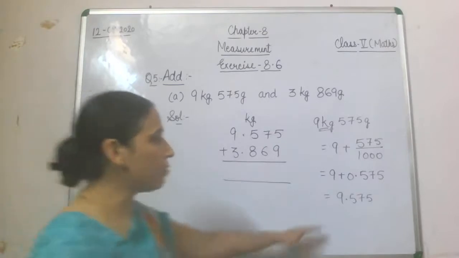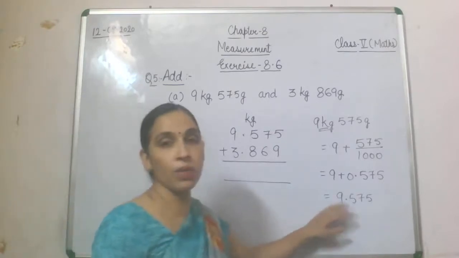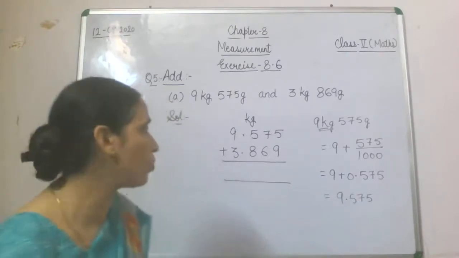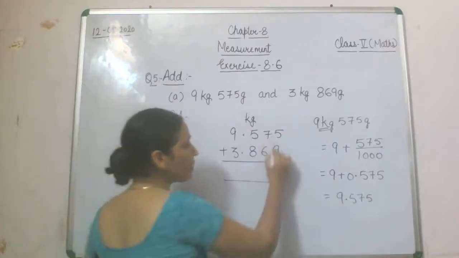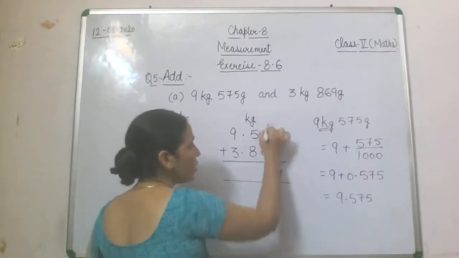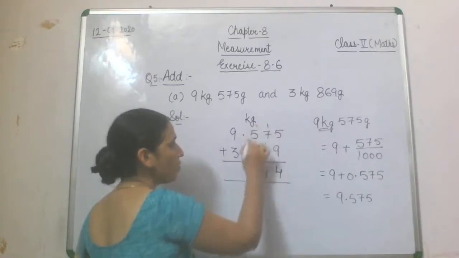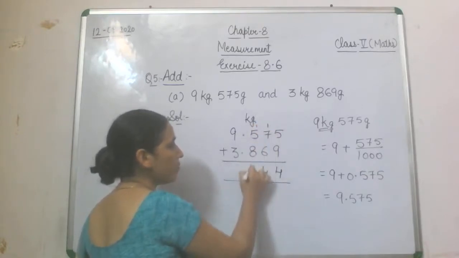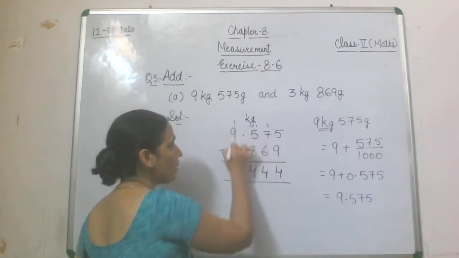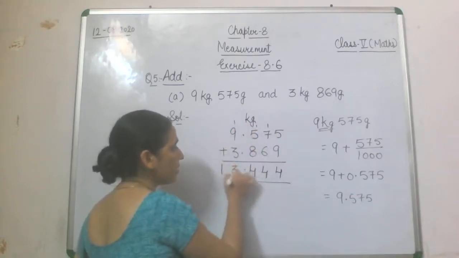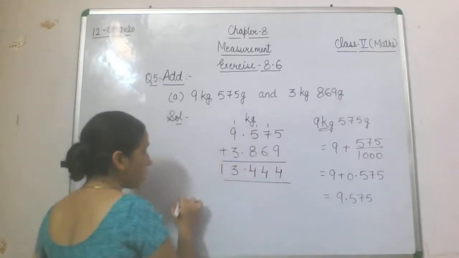Whenever you convert into kg, you will get the answer in decimal form. So 9 plus 5 is 14, 1 carry. 7 plus 1 is 8, 6 is 14, 1 carry. 8 plus 5 is 13, 1 is 14, 1 carry. 9 plus 1 is 10, and 3 is 13. So what is the answer here?